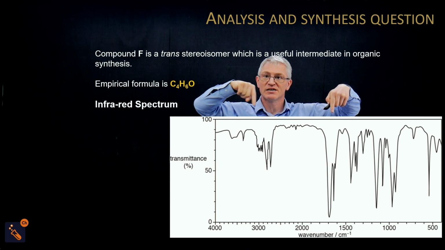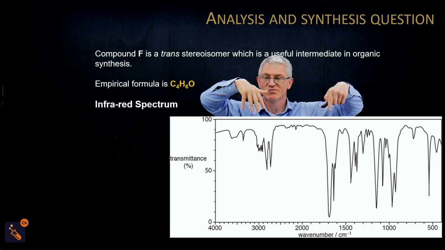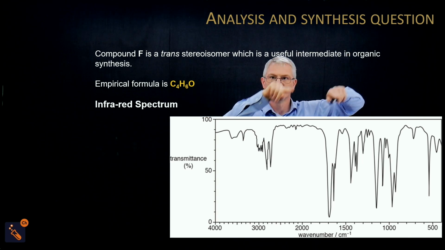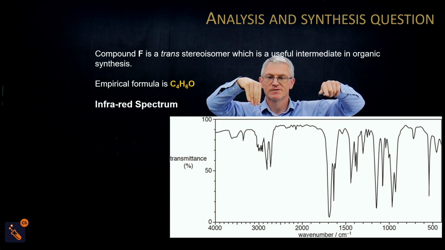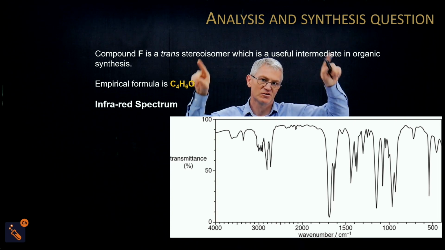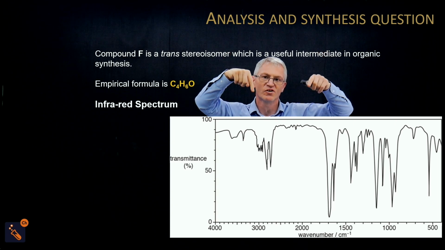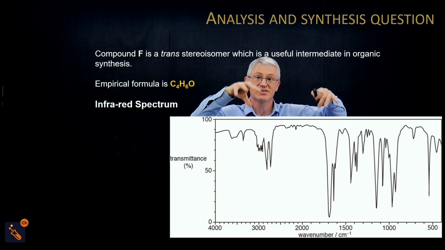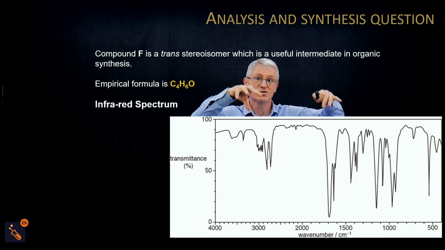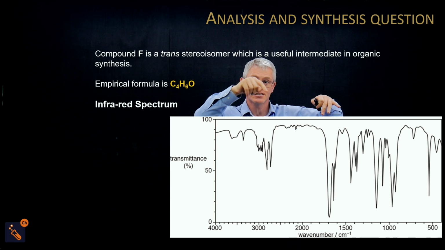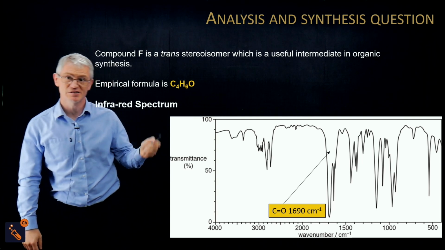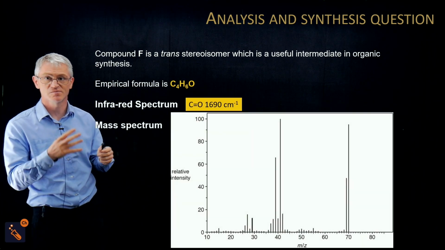Then we're looking at 3000 to 3500, roughly speaking, for a big, bowl-shaped peak. There's no big round peak right there. That would say OH, this would say C double bond O. So therefore we've got a C double bond O but not an OH. These bits here are just CH bonds. So there's our C=O, and let's park that because we've got a bit of information.